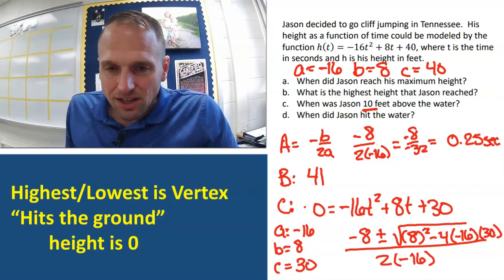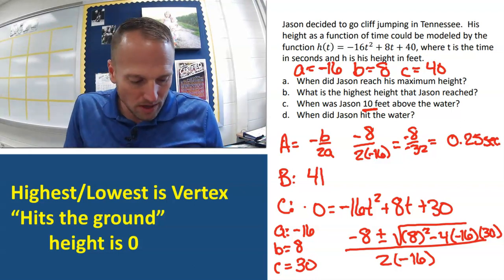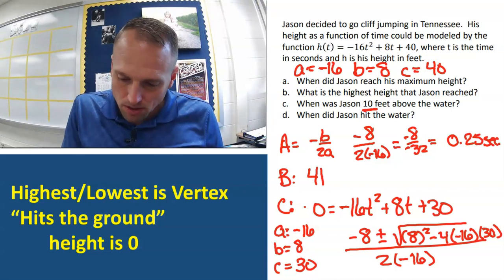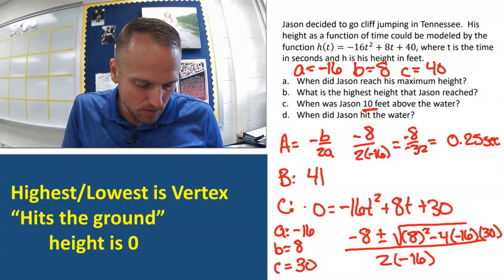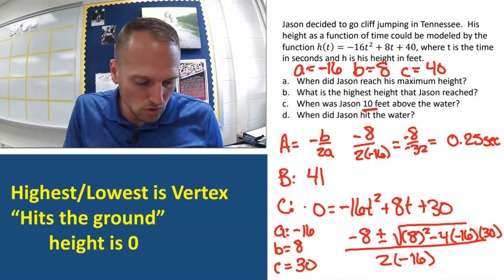Okay, now this is a lot, so I'm just going to punch this into my calculator real quick and see what we get. Negative 8 plus the square root of b squared minus 4 times negative 16 times 30, all over 2 times negative 16.